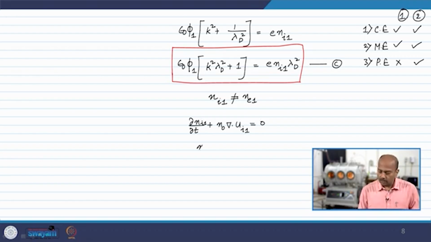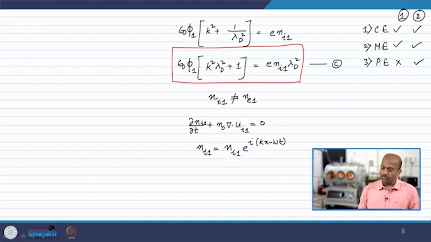So, we know that the number of perturbed ions can be written as n i1 e to the power of i (kx minus omega t), assuming a sinusoidal solution for the perturbed ions.